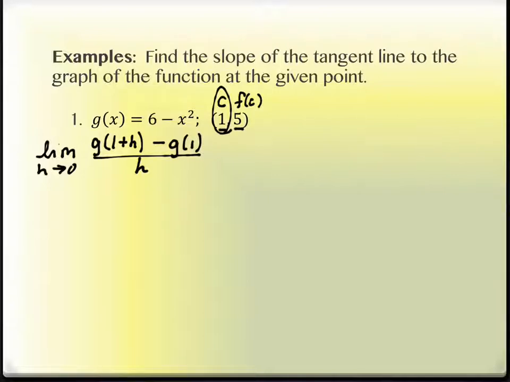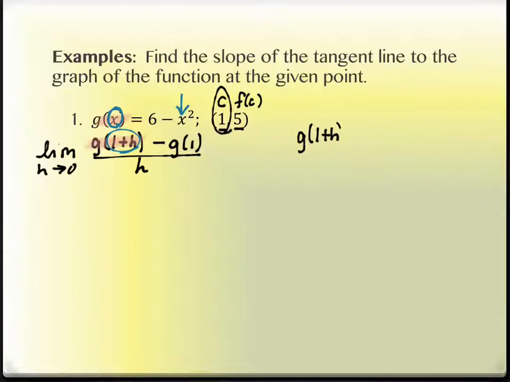Okay, that's our goal. So if you'll remember this notation right here, it's function notation. It means that I take my function and I replace my x with 1 plus h. So right here, it needs to say 1 plus h. So I'm just going to write this over to the side as a reminder step.